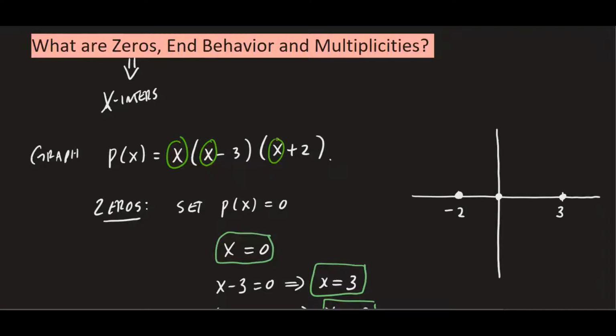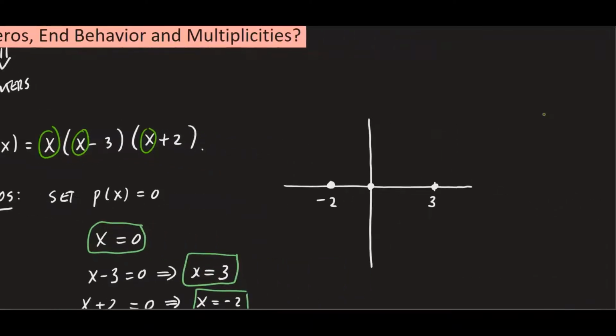So we have x cubed as the highest power of this polynomial, which means the graph is going to behave like an x cubed function, which, if you remember, looks something like that. So the end behaviors are either going to be this way, or if the coefficient of the leading term is negative, then it's going to behave this way.